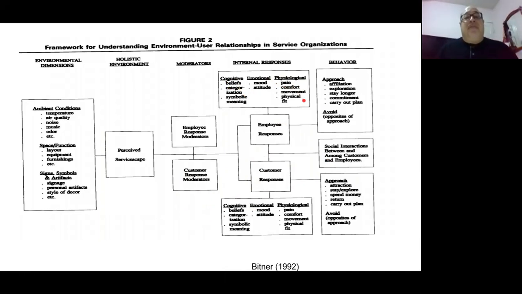So cognitive: beliefs, categories. If you walked in and saw a message from a politician, if you like that politician, that might trigger your belief. If you didn't like that politician, that might trigger a different kind of response. Symbols, signs. If I walk into a restaurant and they have a funny way of doing the bathrooms, like cowgirls and cowboys, or there's a restaurant in Connecticut where the men's room is called Manhattan and the women's room is called Queens, which are boroughs in New York City.